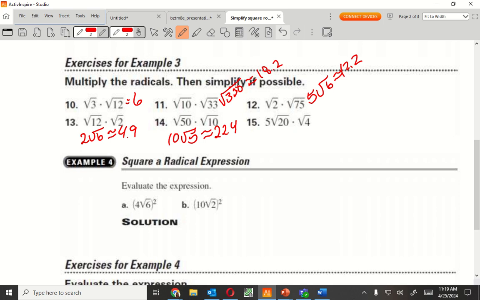This next one right here is going to be 10 rad. It's not 10? Wait, hold on. Switch them.